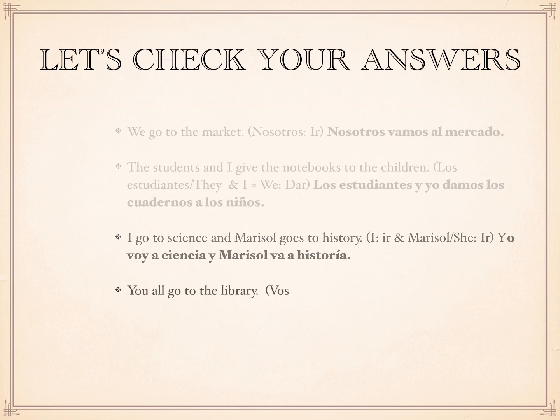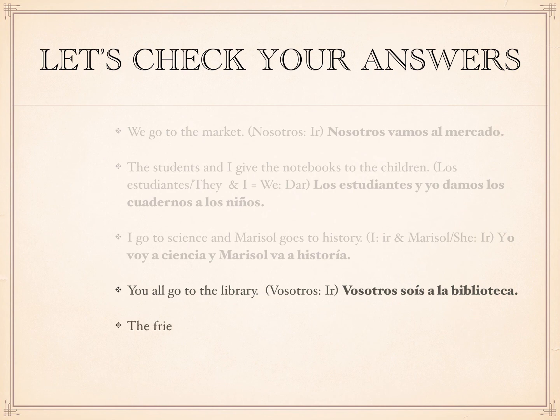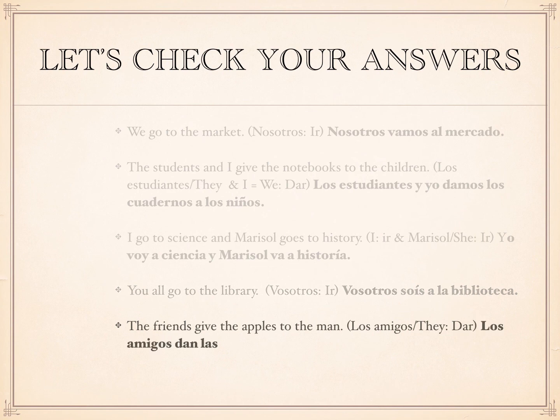You all go to the library. Vosotros, once again, because you all are doing the action. Ir, vosotros vais a la biblioteca. And our last sentences. The friends give the apples to the man. Los amigos are the ones giving the apples, so they are doing the action.